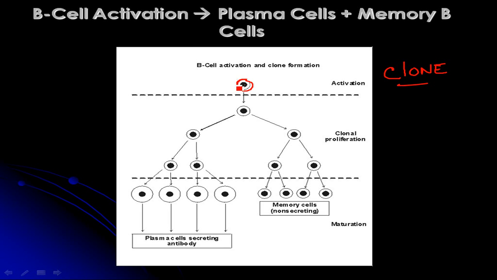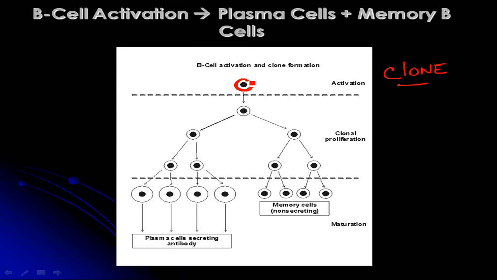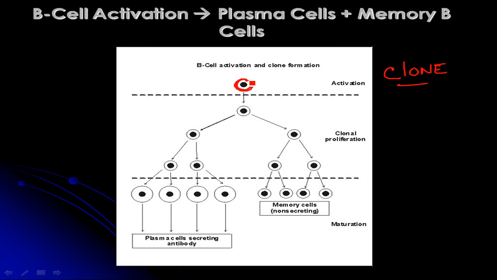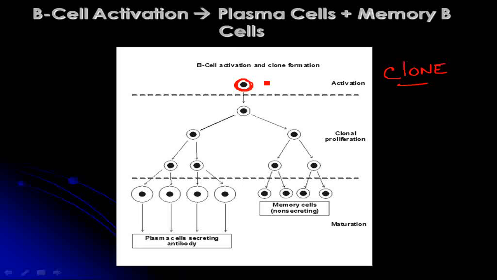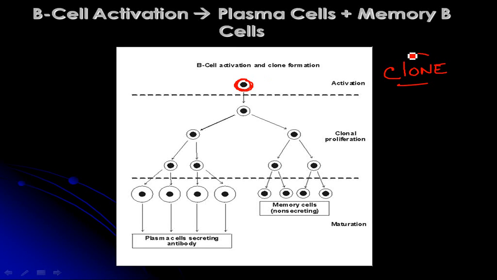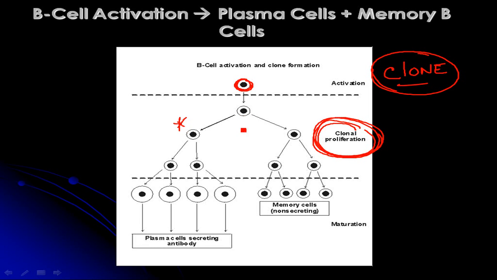So we're saying you've only got one B cell around with a particular type of B cell receptor in it that binds to a particular epitope on an antigen. But you could have multiple copies of that same cell, and each of those would be considered to be a clone. So like here, when this cell gets stimulated and starts multiplying, they call that clonal proliferation. So that same cell is multiplying over and over again. Each of these is a clone of that original cell.